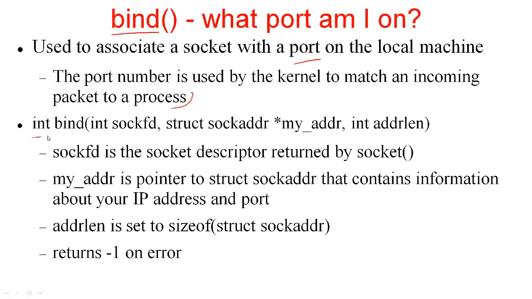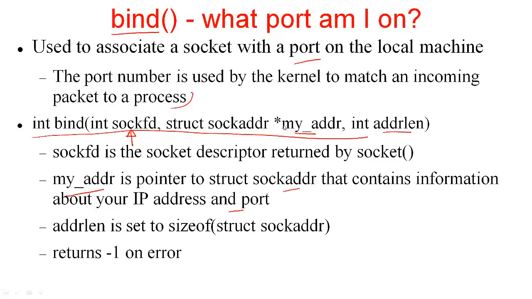To bind, you need this particular function. So you are binding a certain identity to a socket. You specify the identity of the socket using this argument, and then you use the structure sockaddr to specify information to which the socket has to be bound. This sockaddr, my address here, is a pointer to a structure sockaddr that contains information about your IP address and the port.